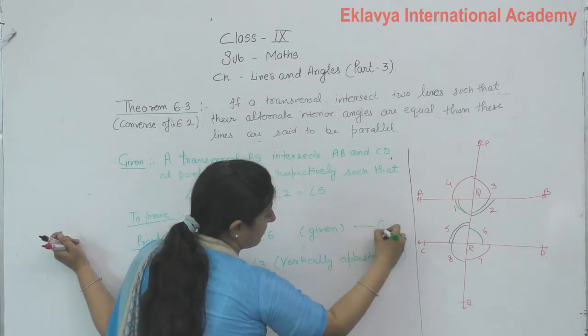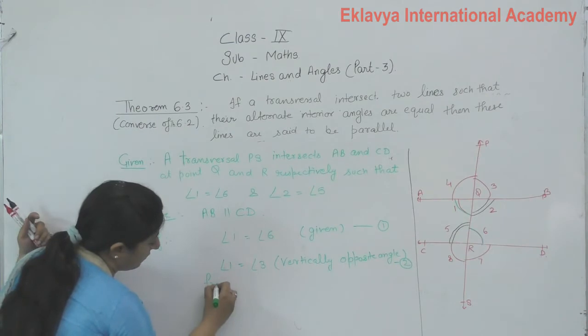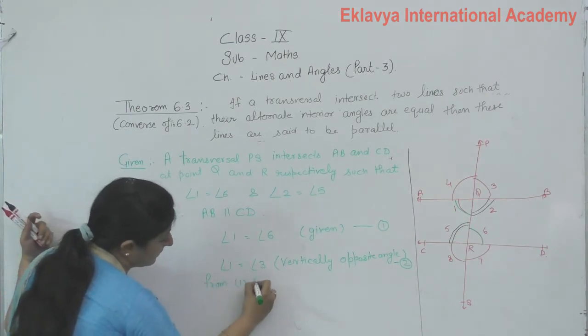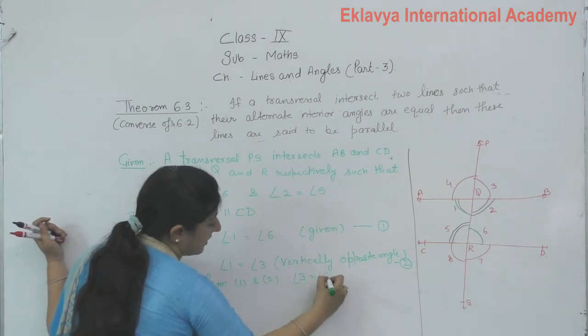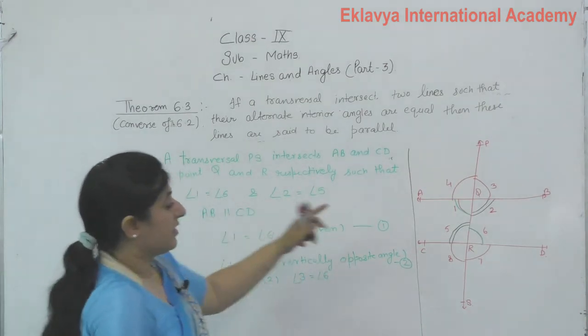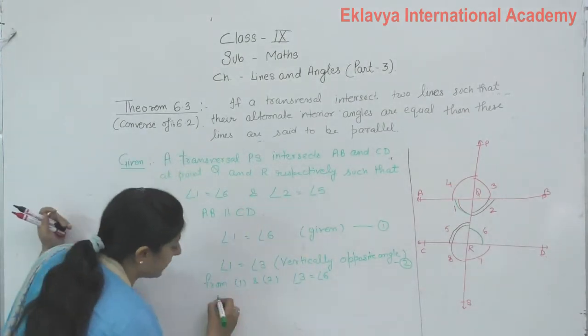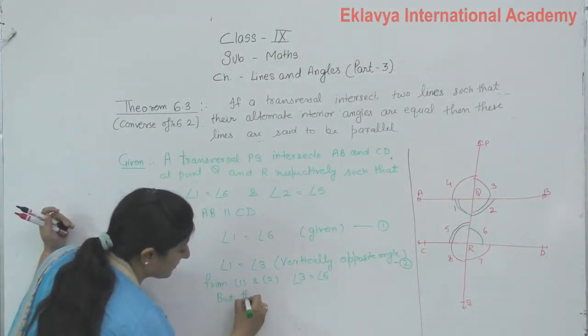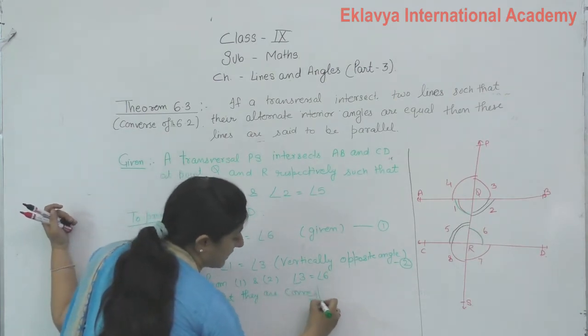This is equation first and this one equation second. From first and second, angle 3 is equal to angle 6. Which type of angles are they? They are corresponding angles.